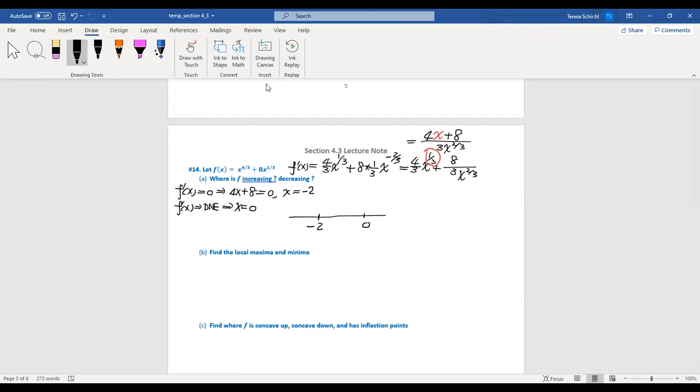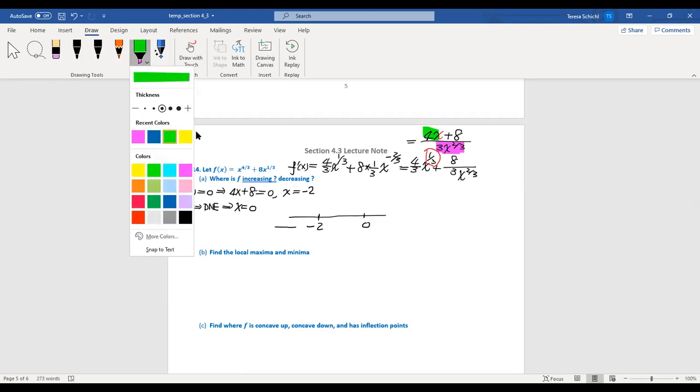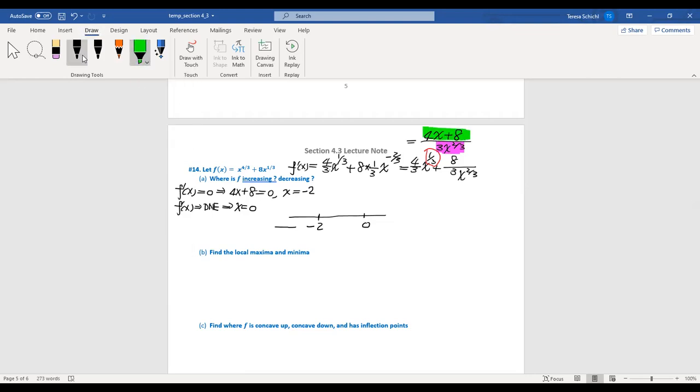For everything less than -2, right? Let's say -3. Okay, so the denominator, take a look, is x to the 2/3. So the denominator is always positive. So let me color code it for you. The denominator is this number, and this is the numerator here, right?